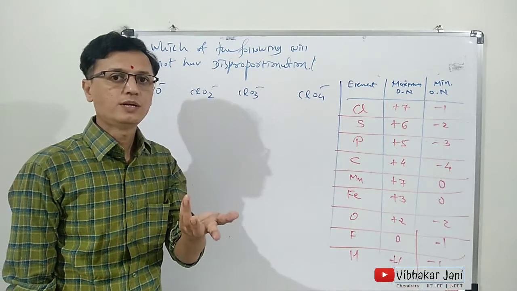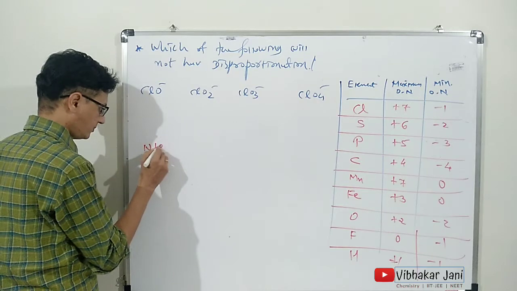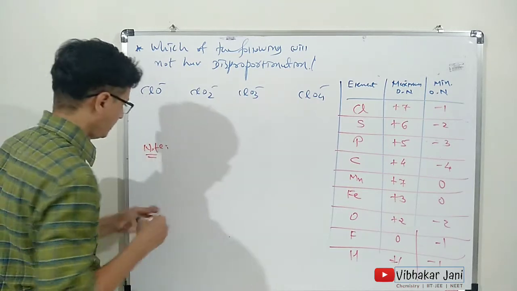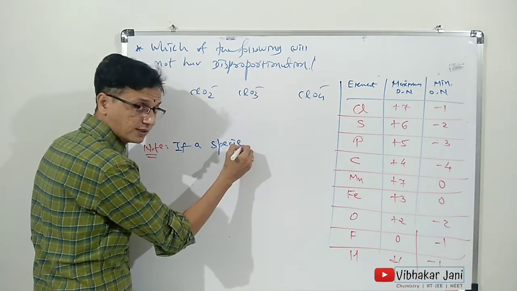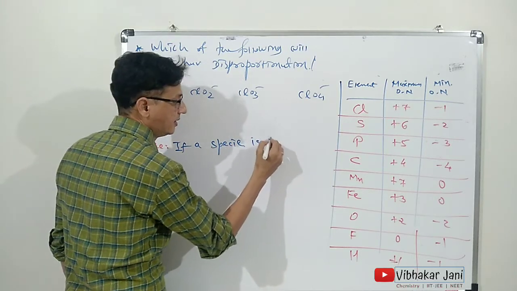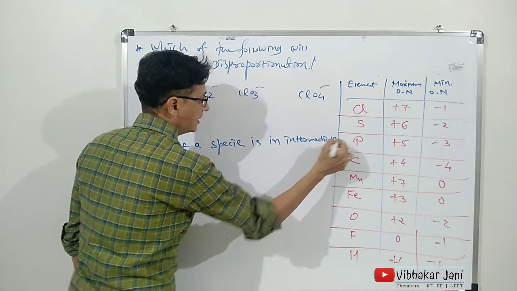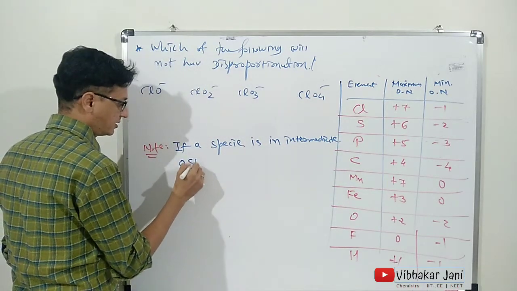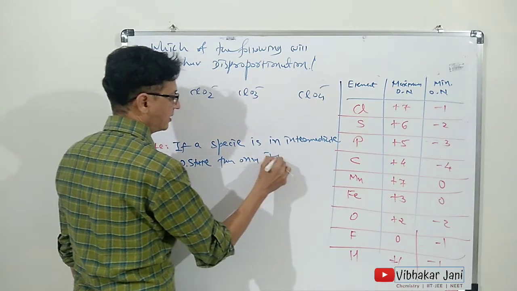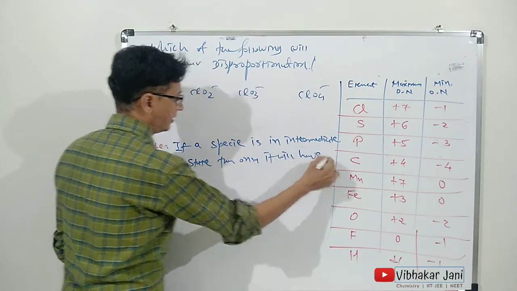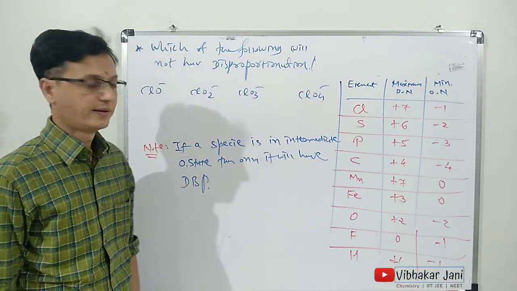So as I told you, if a species is in an intermediate oxidation state, then only it will have disproportionation.